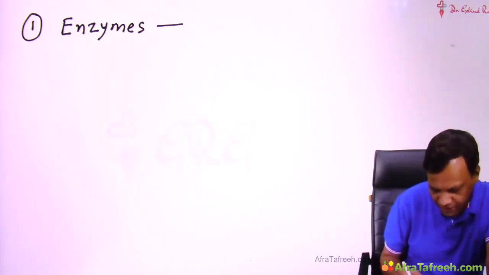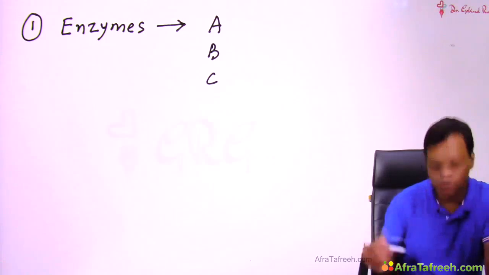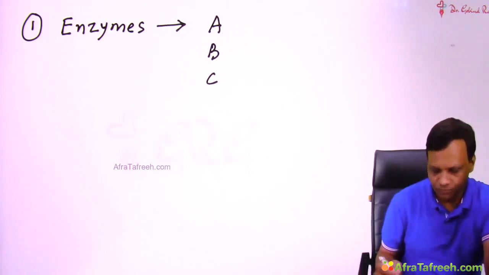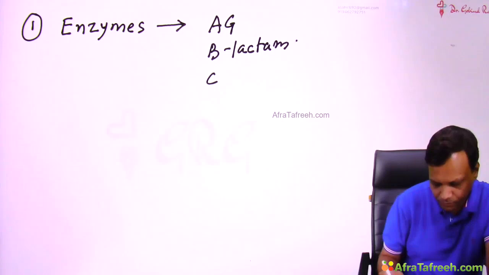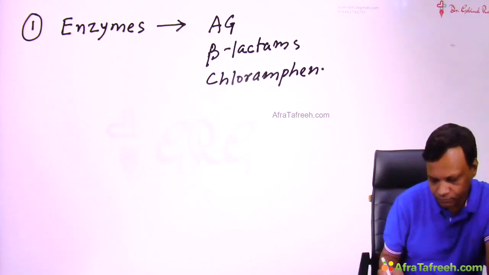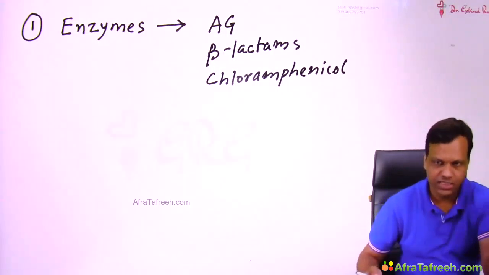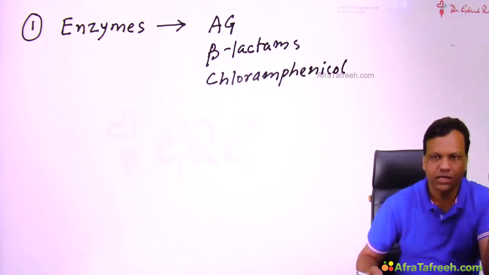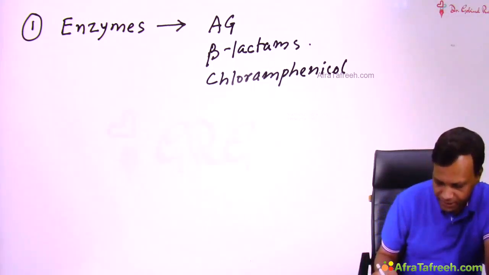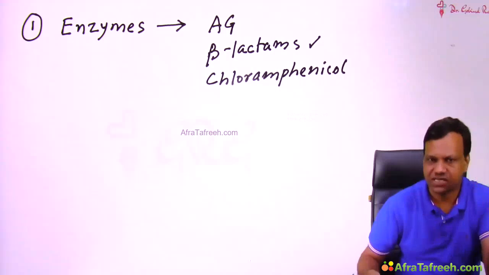The development of inactivating enzymes is the major method of drug resistance to three main antimicrobials, remembered as A, B, C. A for aminoglycosides, B for beta-lactams, and C for chloramphenicol. The resistance to these occurs because of security guards, as we discussed in the example. In case of beta-lactams, they are called beta-lactamases, whereas in other drugs they do not have any specific name.